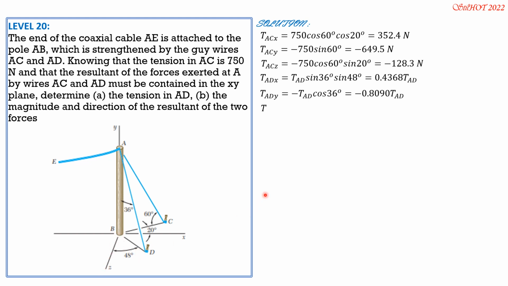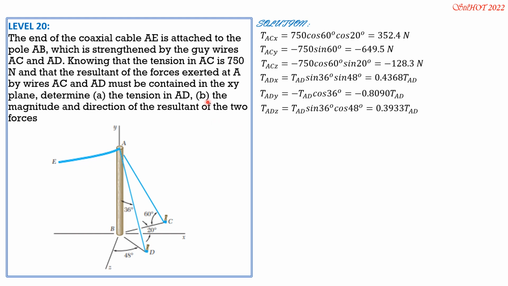So it is positive tension in AD sine 36, which is this projection along BD, then times adjacent to 48, cosine of 48, this value. If you still find it difficult, it's because your trigonometry background is poor. But if you can follow, you're good in trigonometry.